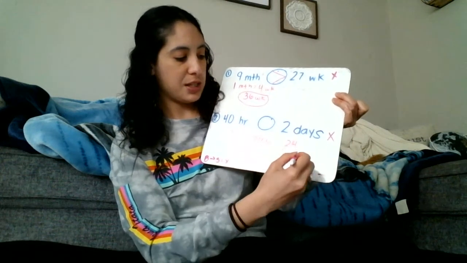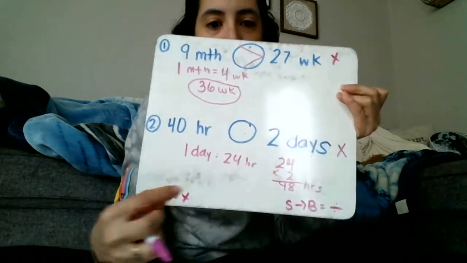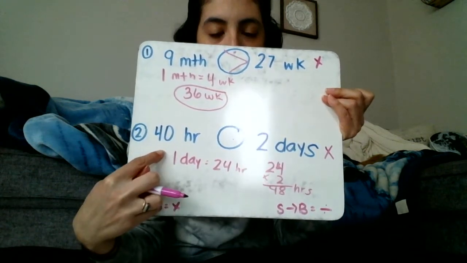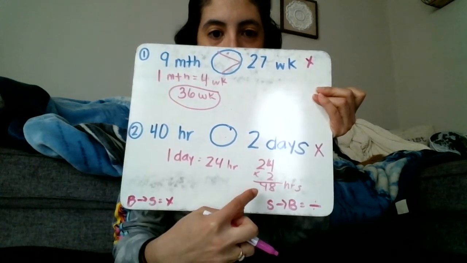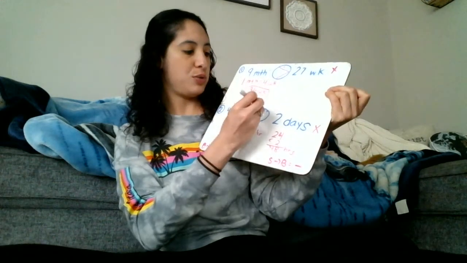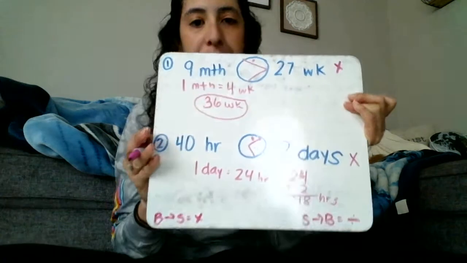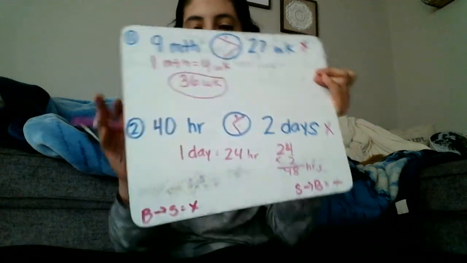So 2 days is equal to 48 hours. So now I'm going to compare 48 hours versus 40 hours. Which one's bigger? This one, right? So my Pac-Man is going to want to eat the 48 hours. Okay.